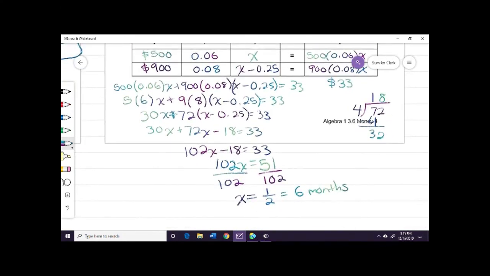Okay, so 6 months was the first loan, and then the second one would be the 6 months minus a quarter of a year, which is the 3 months, and that equals 3 months. Okay, so the first loan he had for 6 months, the second loan he had for 3 months, and that's how you figure out the time when you know the principal and the rate and the total interest.